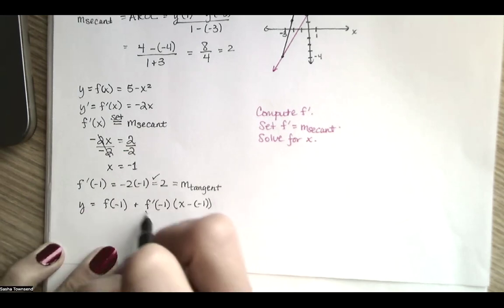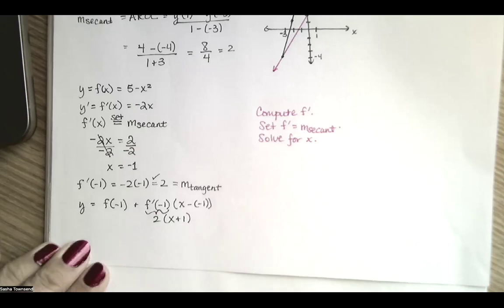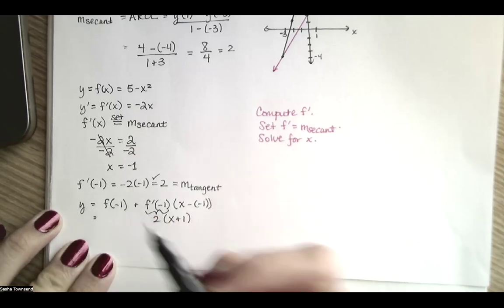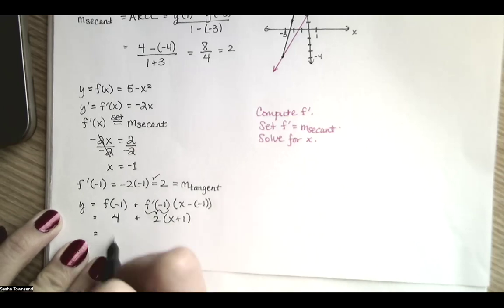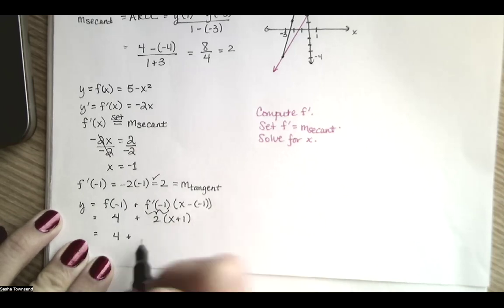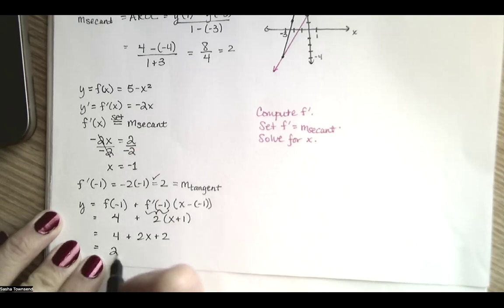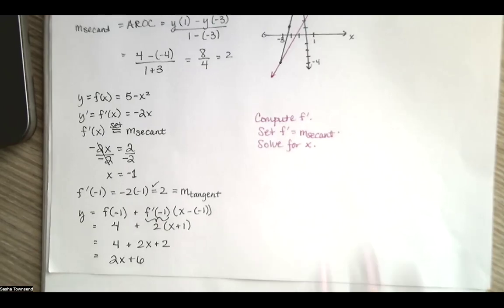So this turned out to be 2. And subtracting a -1 is the same as adding 1. And f evaluated at -1 was 5 minus -1 squared, which is 4. So we've got 4 plus this expression, distribute your 2, collect like terms, and we have y equals 2x plus 6.